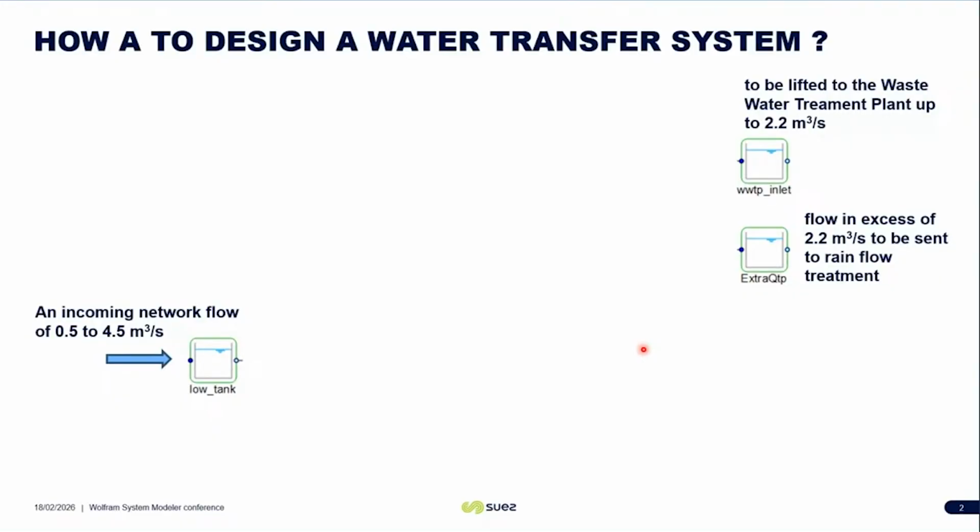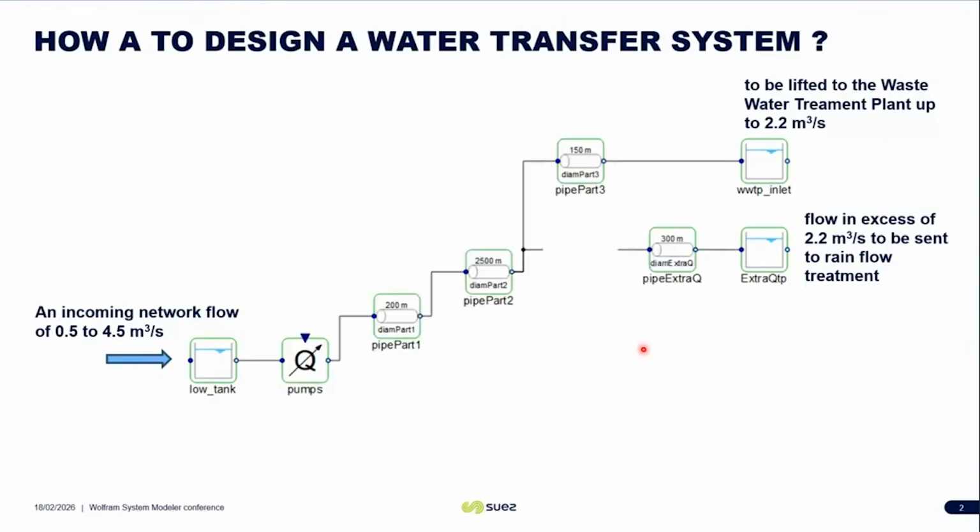For this, obviously, we need some pumps to lift the water. We need a pipe network. You see, we made here a long pipe, 2.5 kilometers, and some short pipes here. And we need something here. Most of the time we want these circuits to be closed. Only when there is the rain peak flow, we have water flowing through this circuit.